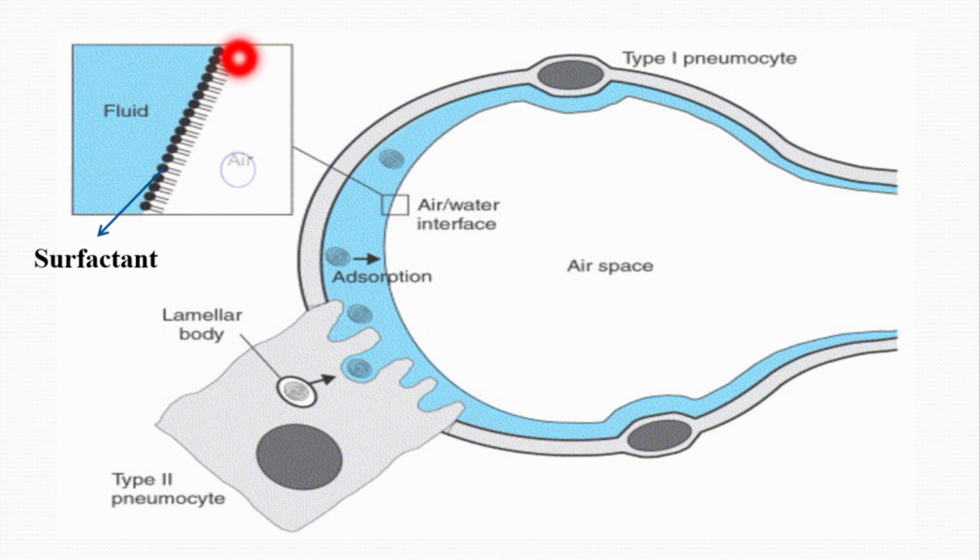You can see in this enlarged figure, these are the phospholipid molecules, that is surfactant, which serves to reduce this surface tension. This surfactant is basically produced by type 2 alveolar epithelial cells, or type 2 pneumocytes, and then after forming, it is secreted into the alveolus.